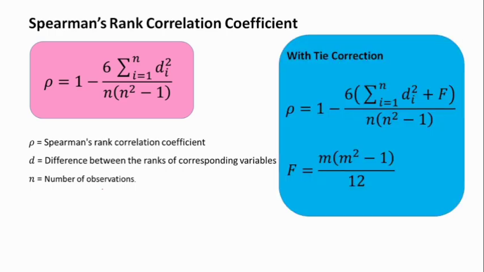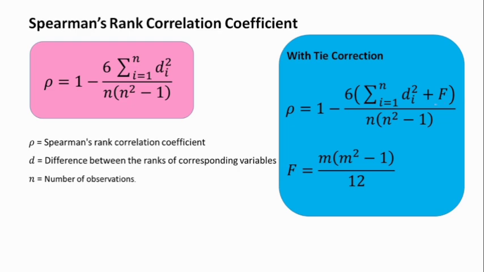When there is a tie in the ranking, then we use this formula. As you can see, rho is equal to 1 minus 6 times the summation of di squared, where i equals 1 to n, plus f.